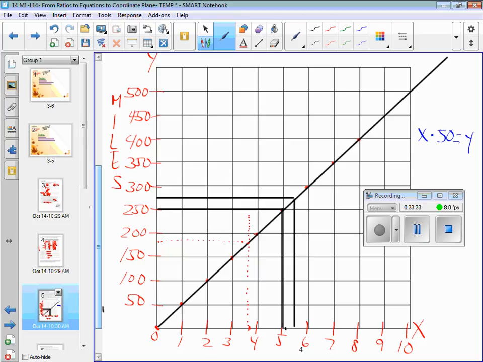187.5. You were close. It is 187.5. What's halfway between 250 and 300? I'm sorry. What's halfway between 150 and 200? Okay, halfway between 175 and 200.